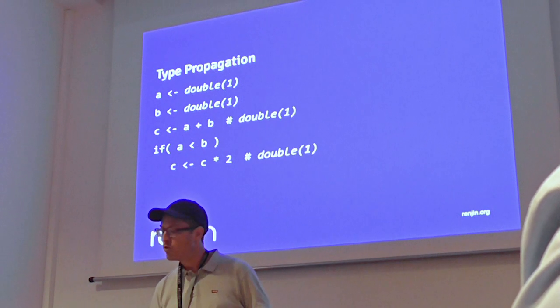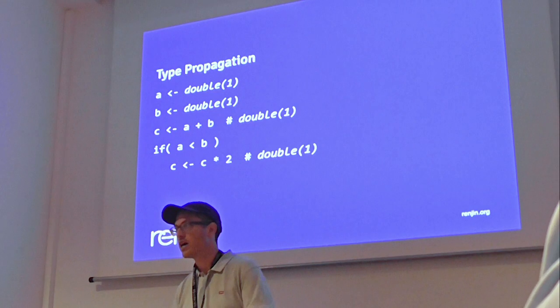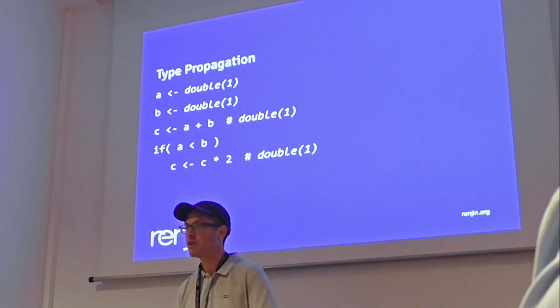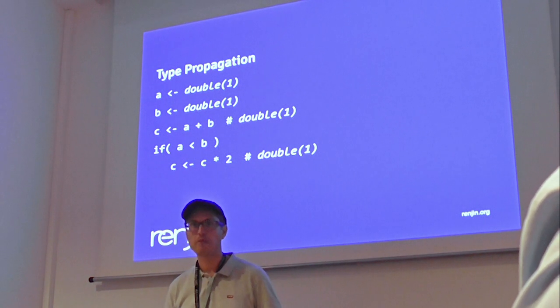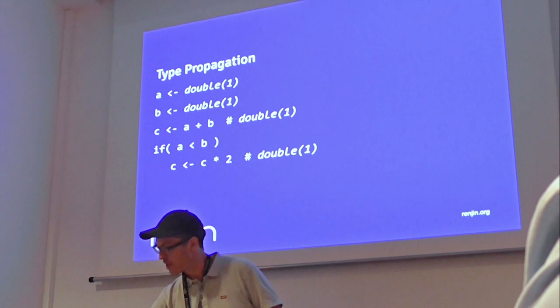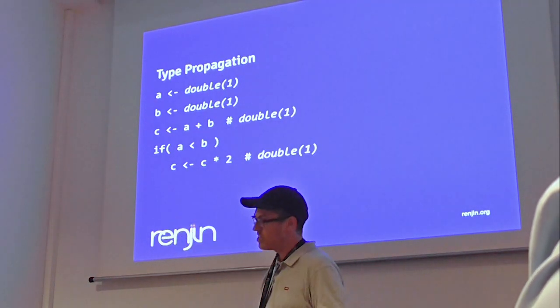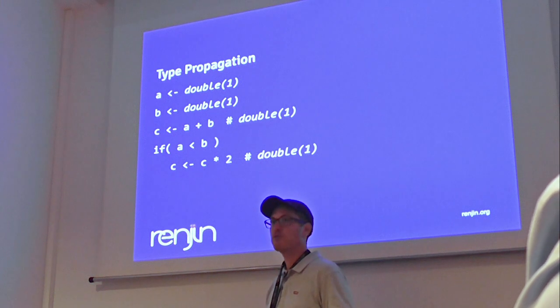We know that if you add two double precision vectors without attributes, you're going to get a double of length 1 without any attributes. So C is now a double of length 1, and then you know that C times 2 is still a double of length 1.